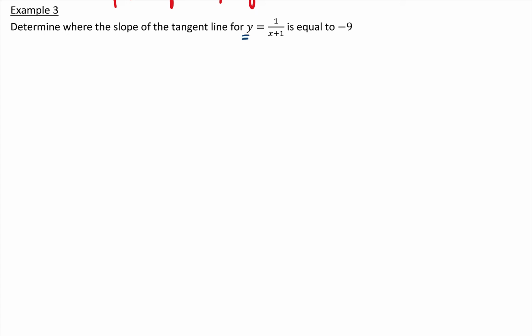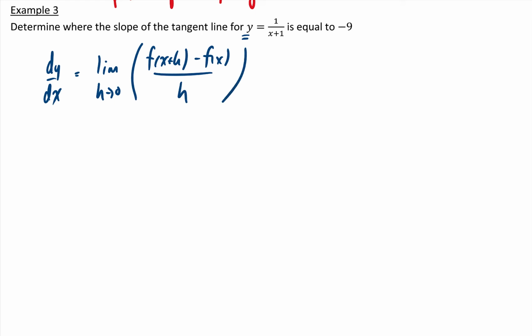Again, we're given an equation in terms of y, so we're going to say dy over dx is equal to the limit as h approaches 0 of f of x plus h minus f of x all over h. So f of x plus h minus f of x, that's 1 over x plus h plus 1 minus 1 over x plus 1.